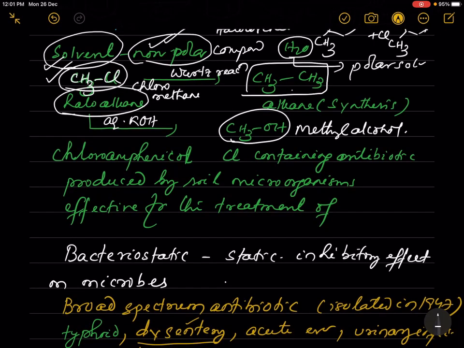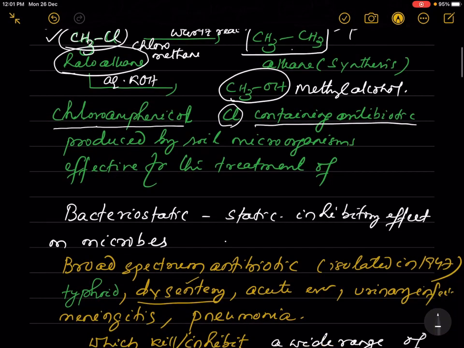One of the most famous compounds, chloramphenicol, is used as an antibiotic. This is a chlorine containing antibiotic produced by soil microorganisms, effective for the treatment of typhoid.